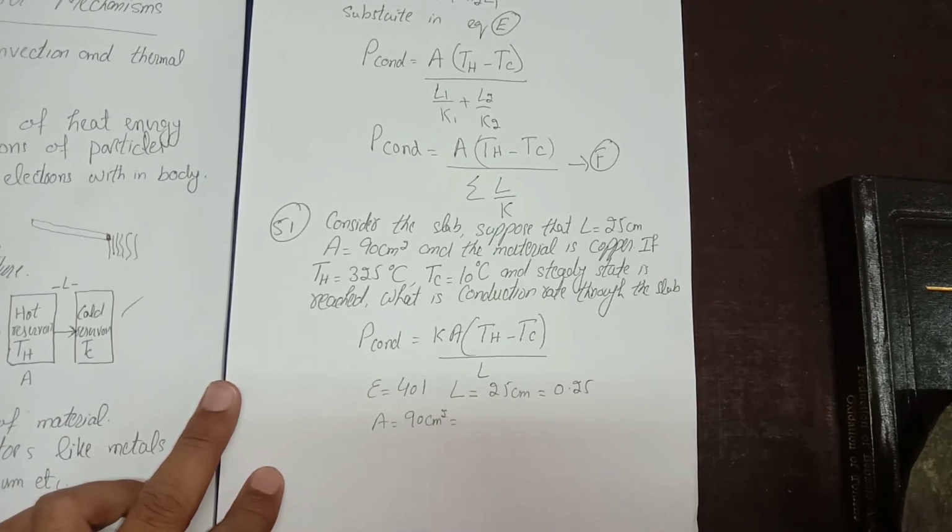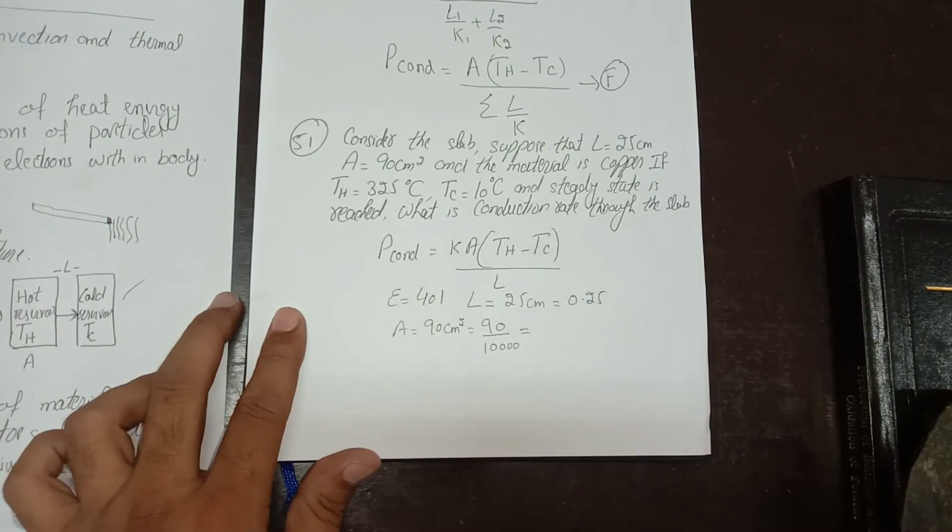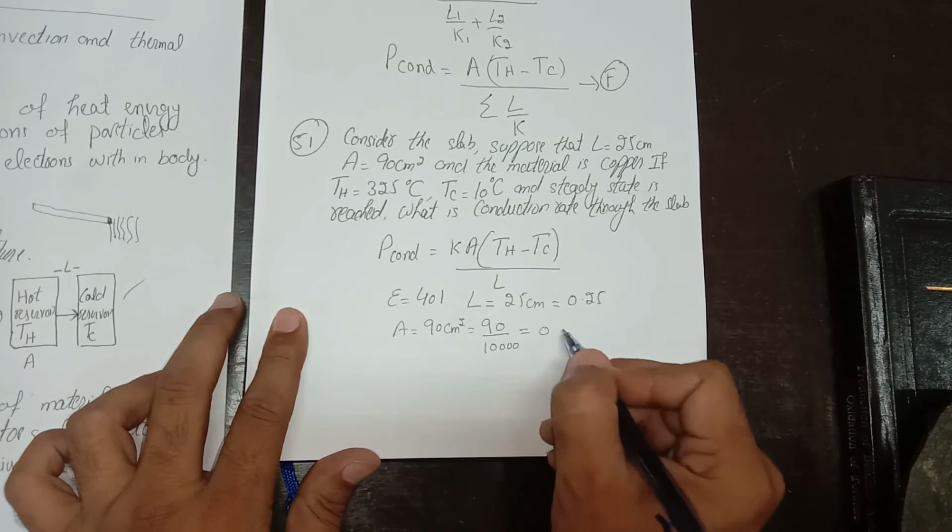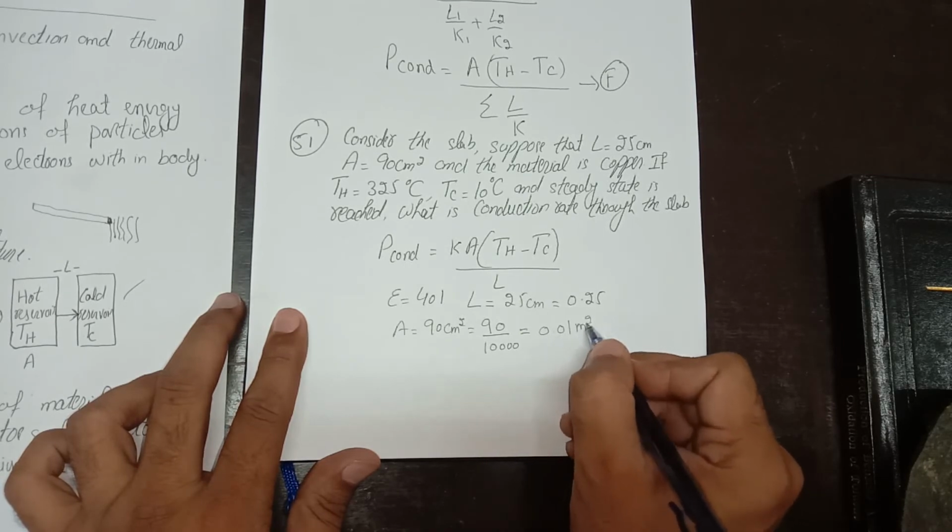You have to convert it into meter squares, so you divide by 10,000, 100 into 100, and it becomes 0.009 meter squared, about 0.01.